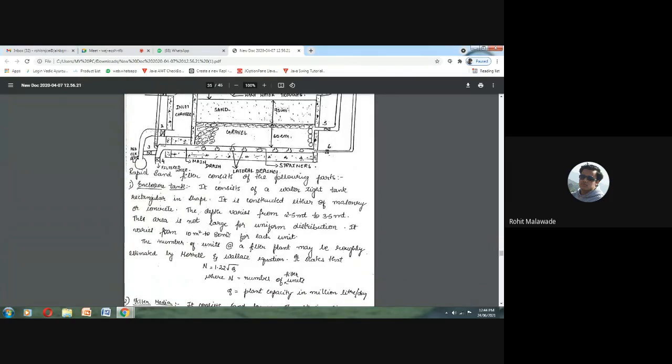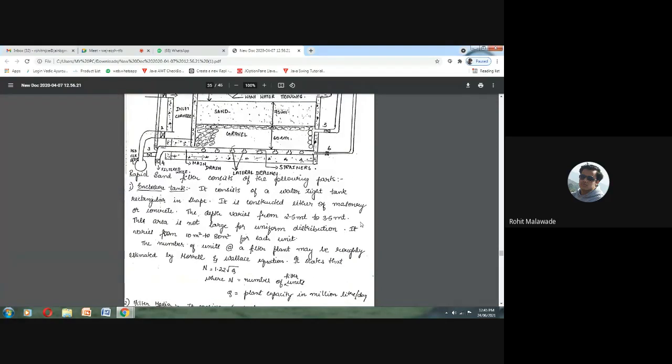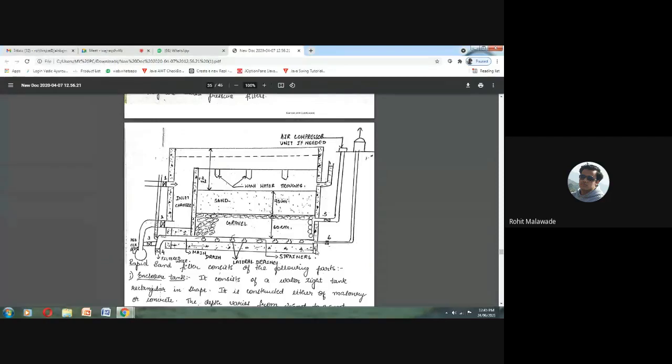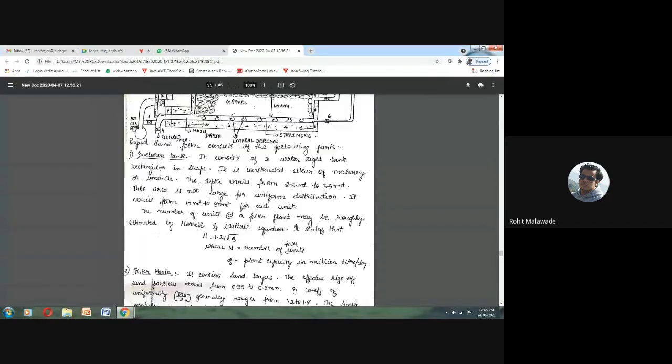Only 10 to 80 square meters, and the depth is again 2.5 to 3.5 meters overall depth that you are going to utilize for your rapid sand filter.